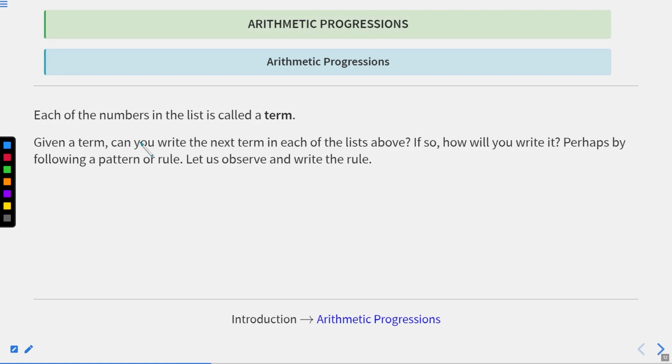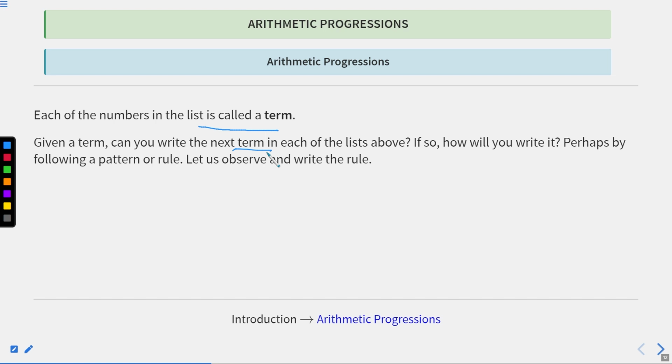Each number in the list of numbers is called a term. Given a term, can you write the next term in each of the lists above? If so, how will you write it?